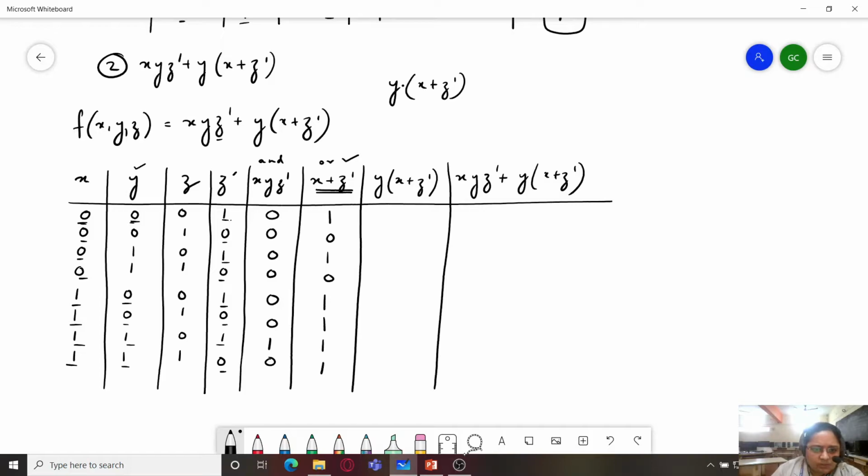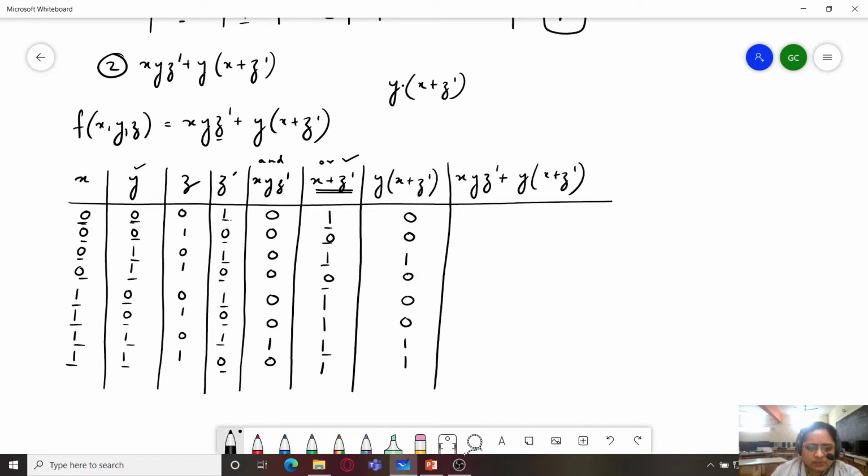So 0 and 1 will be 0, 0 and 0 will be 0, 1 and 1 will be 1, 1 and 0 will be 0. Then here we have 0, so we will be writing 0, 0, and here we have two ones, so that will be 1. Here also we have 1, so we will be writing 1.